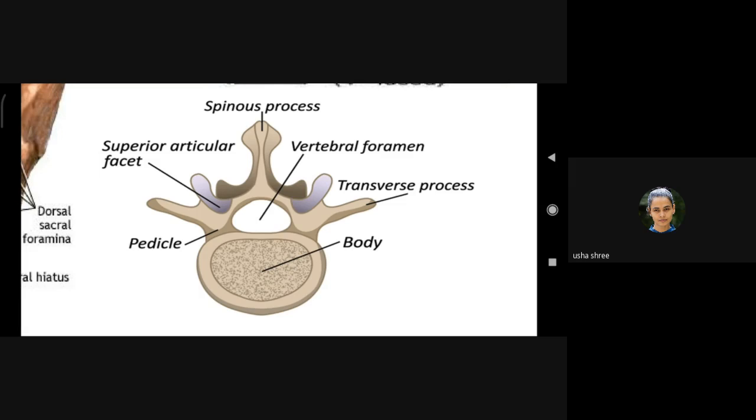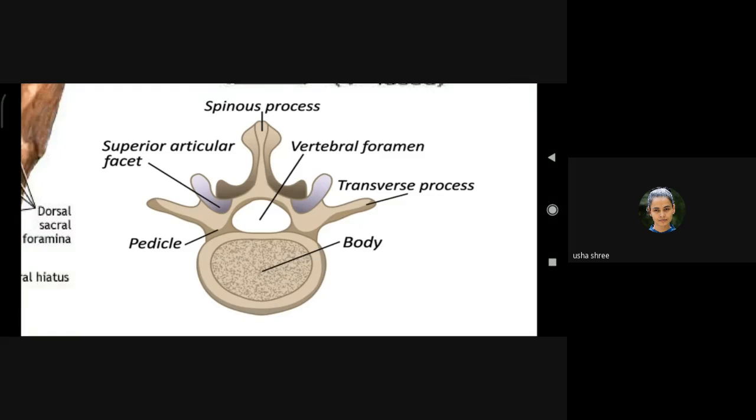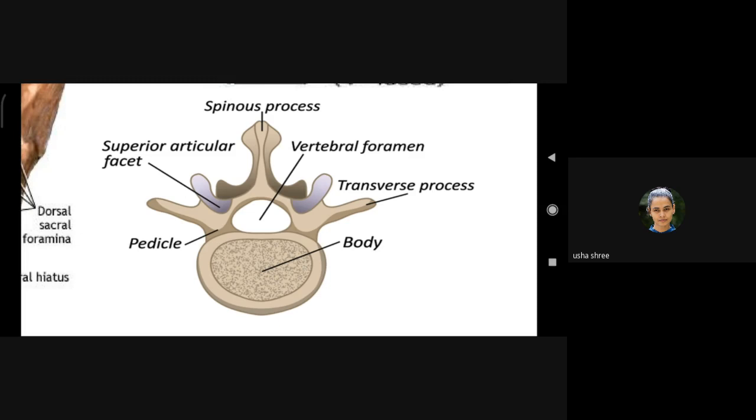Foramen is an anatomical term: where a cavity or a gap is there in between bones, it is known as foramen. So here we can see a gap in the vertebra. This foramen contains the spinal cord in it.